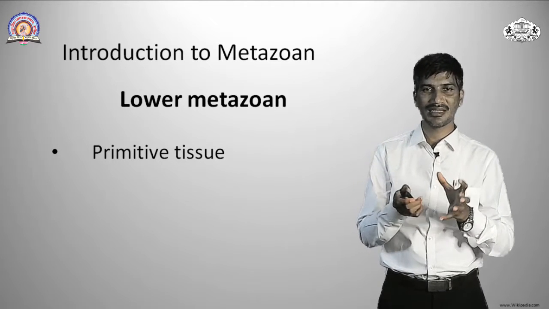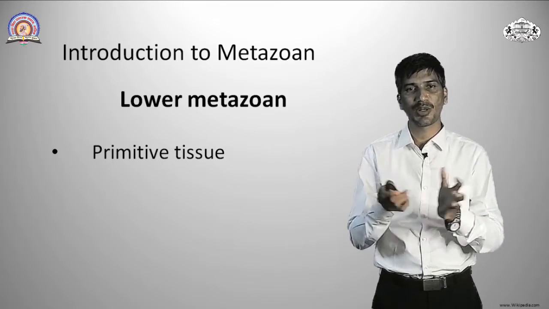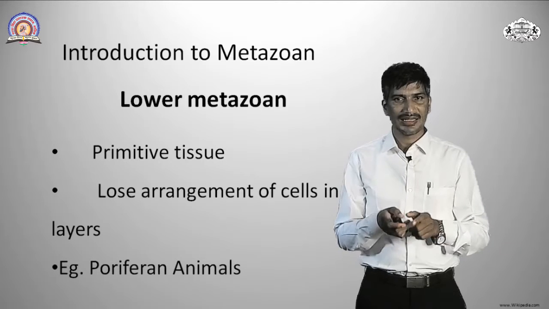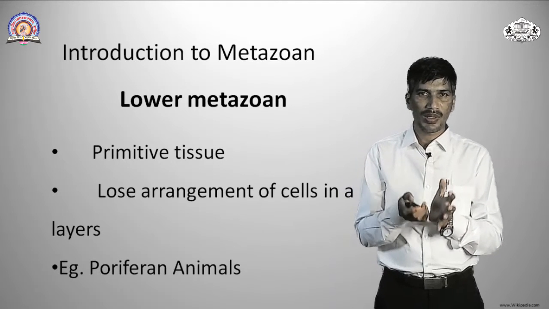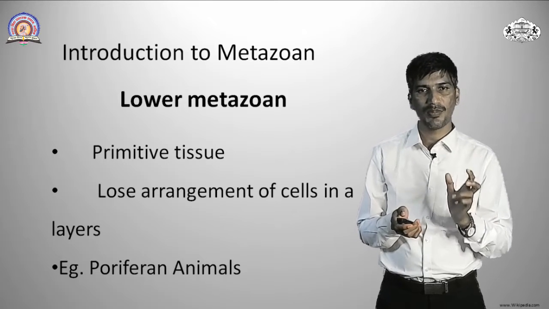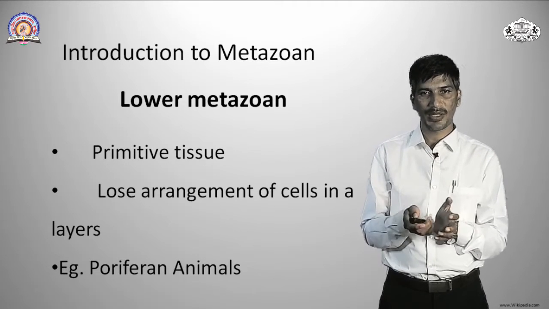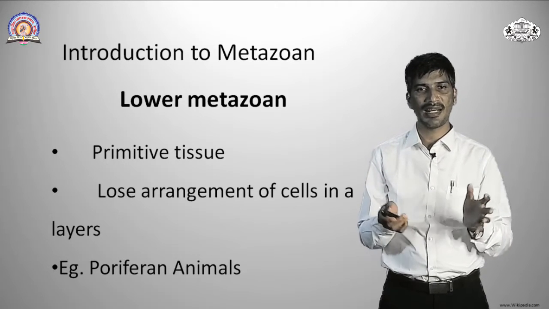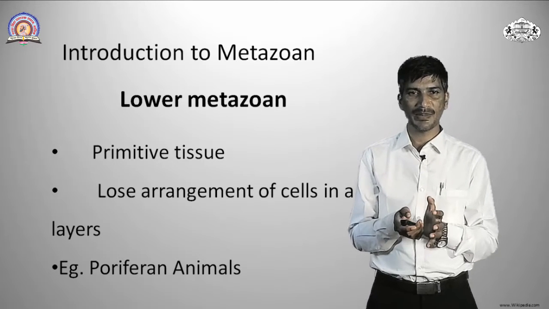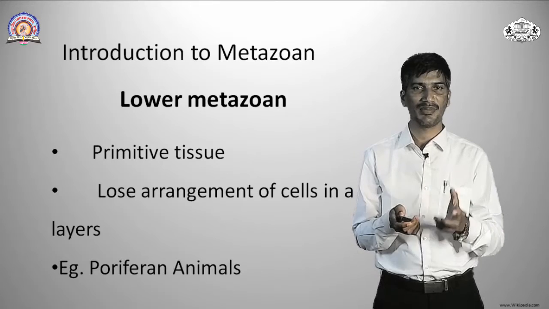Primitive means the cells are loosely arranged together. Most of these lower metazoan animals belong to the phylum Porifera.